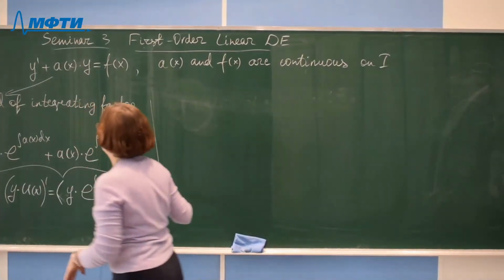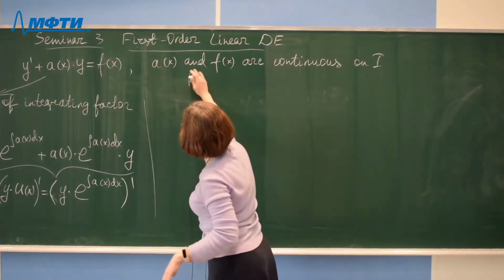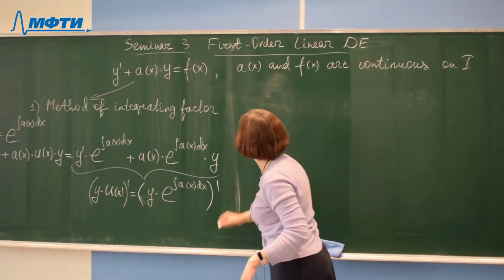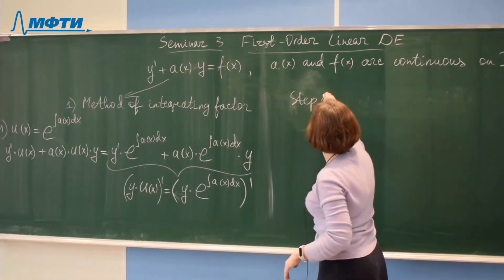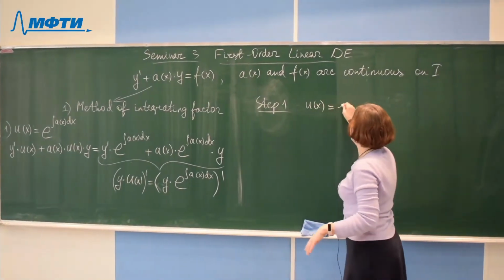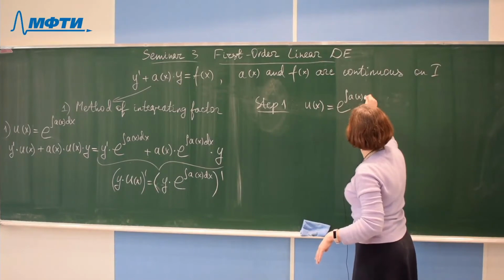I will show how it works. So the first algorithm, the algorithm of the method of integrating factor, will be the following. Step number 1 will be to find u of x as e raised to the integral a of x dx.